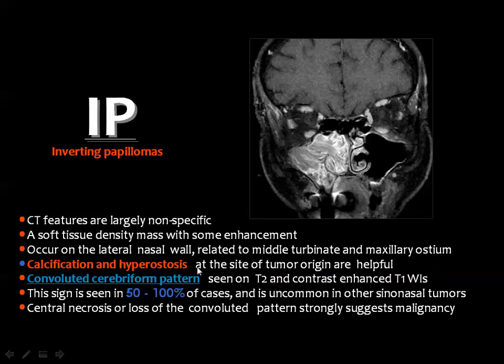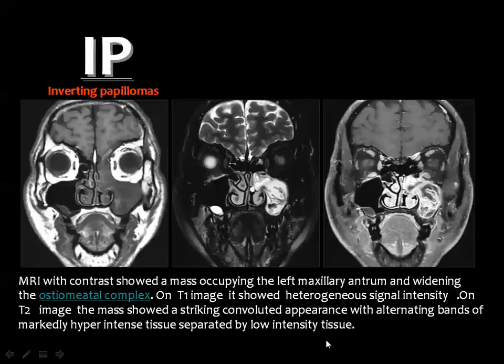Calcification and hyperostosis can be seen, which can help in the diagnosis. The convoluted cerebriform pattern is seen in about 50 to 100% of cases and is considered one of the pathognomonic findings that is not seen in other sinonasal tumors.